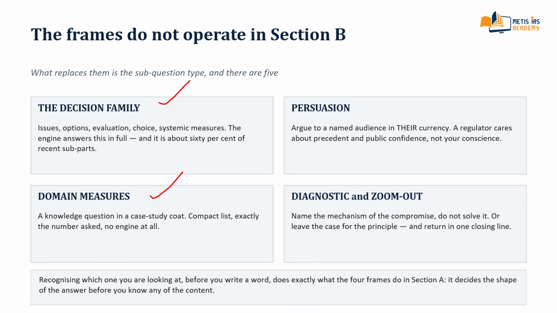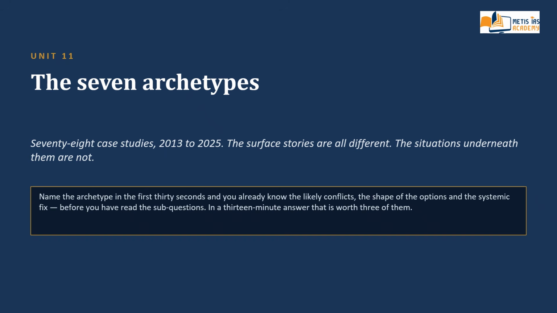We discussed till now decision family, persuasion, domain measures, diagnostics, zoom out. So we are moving to the next chapter, that is unit 11. Those are 7 archetypes.